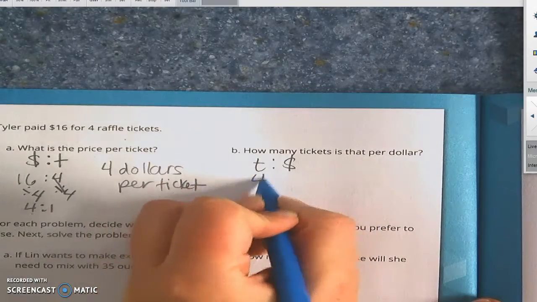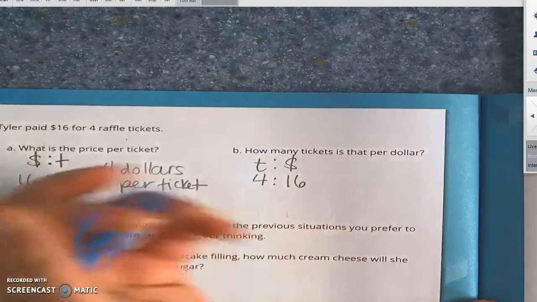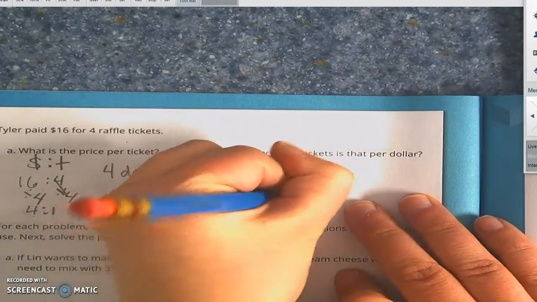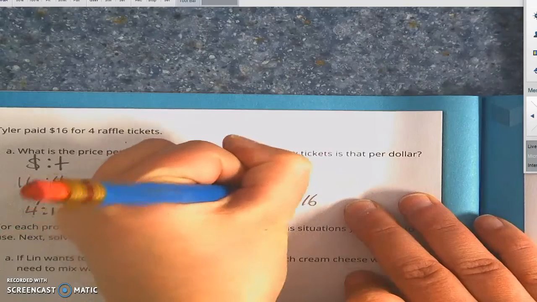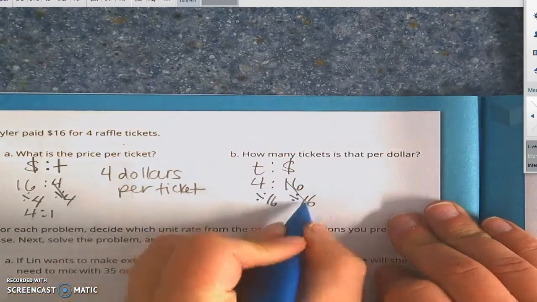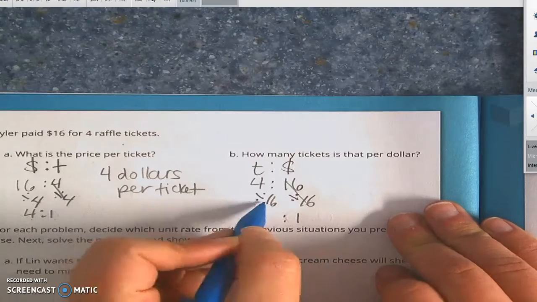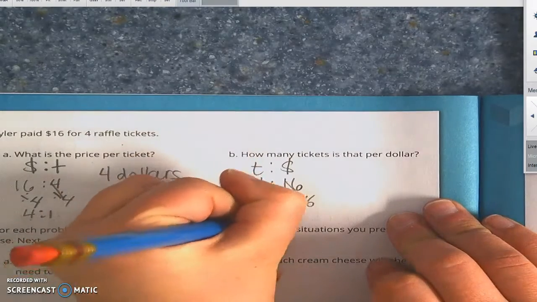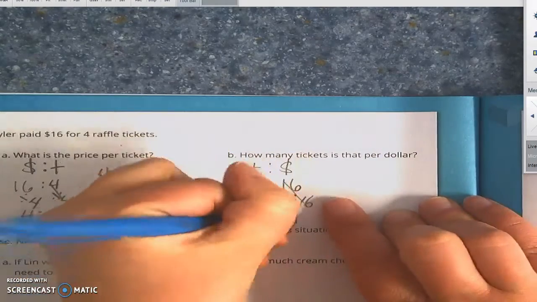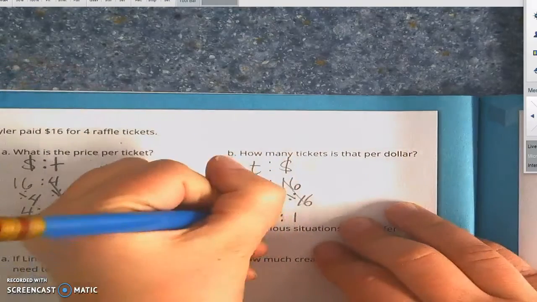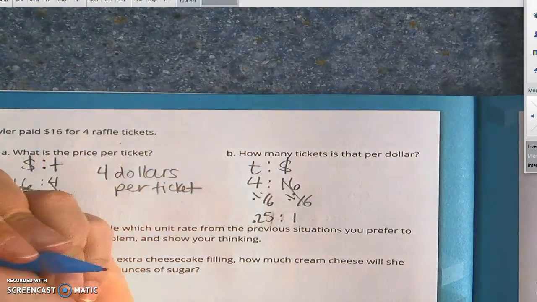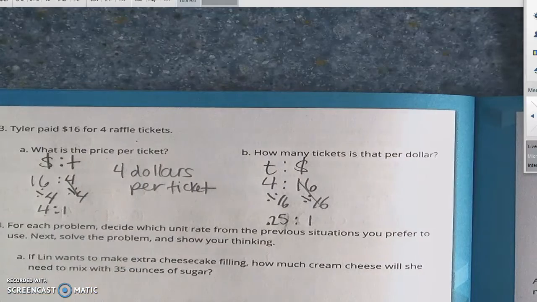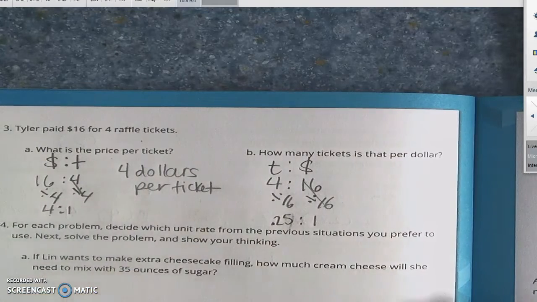So I want 4 to 16. And I'm going to divide by 16 with both of my numbers. So this just gives me 1, but 4 divided by 16 gives me 0.25. That's supposed to be a 5. So basically they can buy a quarter of a ticket for $1, which, obviously, a quarter of a ticket is completely useless, but that's beside the point.